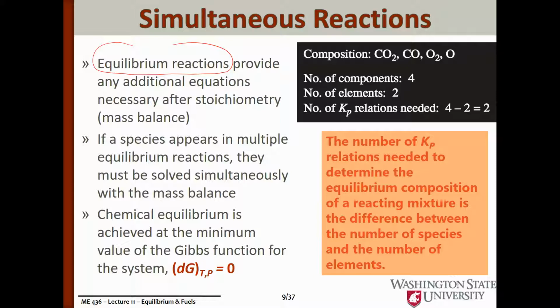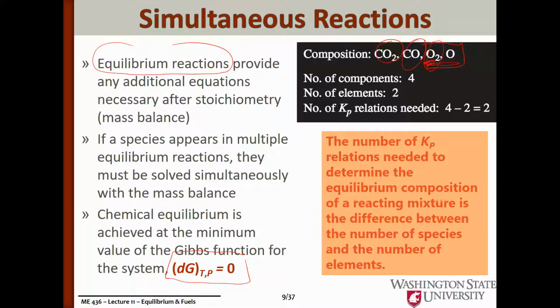If any species were to appear in two different equilibrium relations, so let's say we had one equilibrium between O2 and oxygen, and a different equilibrium reaction between CO2, CO, and oxygen, those two are going to have to be solved simultaneously because this amount of oxygen will play a role in both reactions. In the end, what we're trying to do is minimize the Gibbs function.